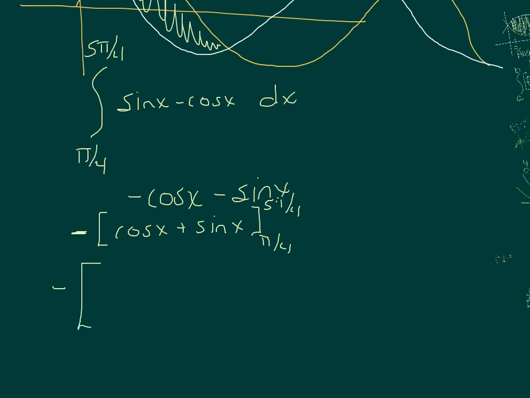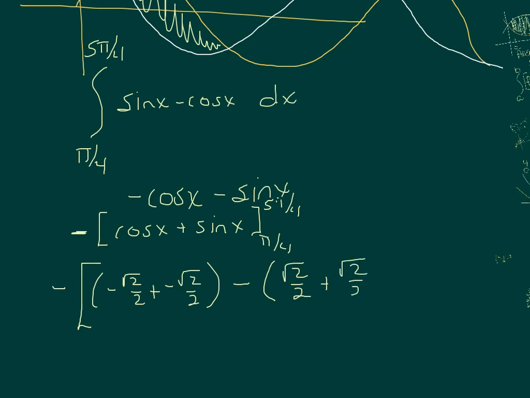What's the cosine of 5 pi over 4? Negative square root of 2 over 2. And the sine of 5 pi over 4? Negative square root of 2 over 2. Minus the cosine of pi over 4 plus the sine.